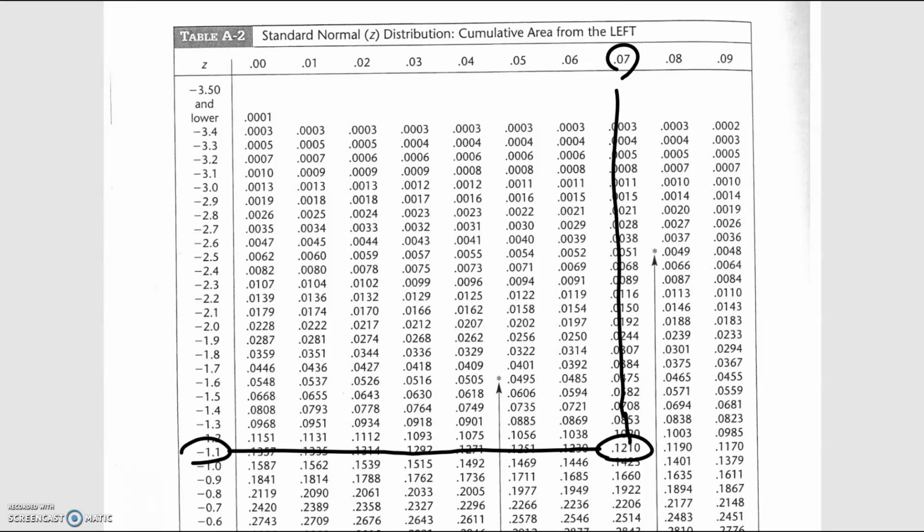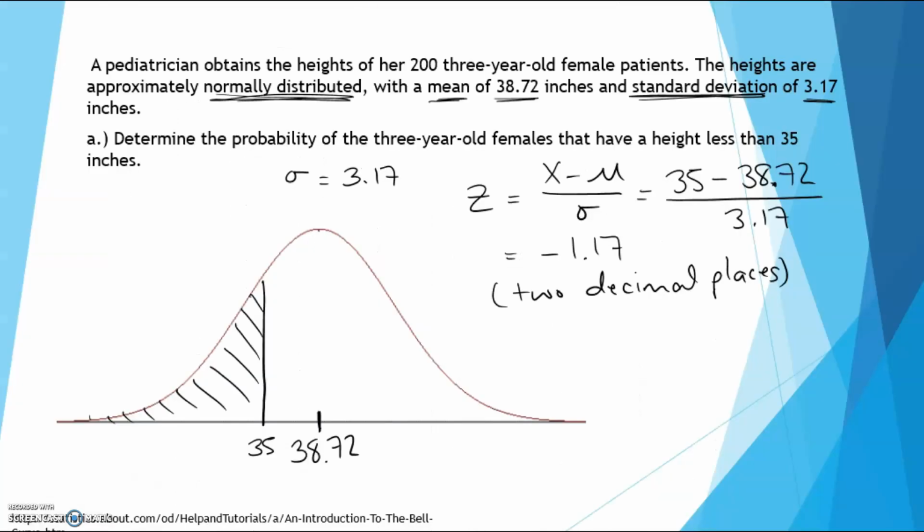Okay, so that's the area to the left of the z-score, which in this case is what we're looking for. We want the area to the left of our z-score. So right here, that's an x value of 35. We changed it to a z-score of negative 1.17.